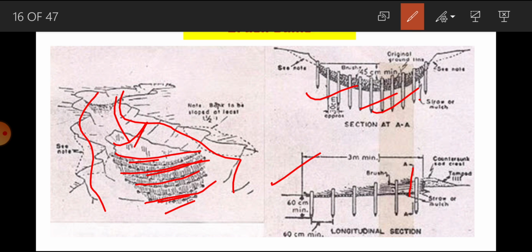If you see here, one is stacked, two is stacked, three is stacked, that means a layer of straw has to be kept on top of the first layer, followed by second, third and fourth, and so on, so that it will maintain some height, which will allow the flow of water over it.